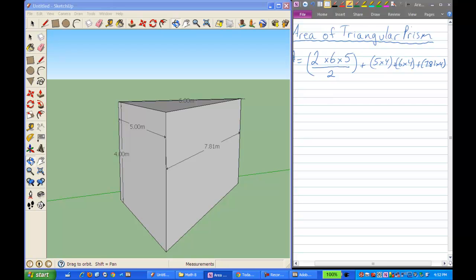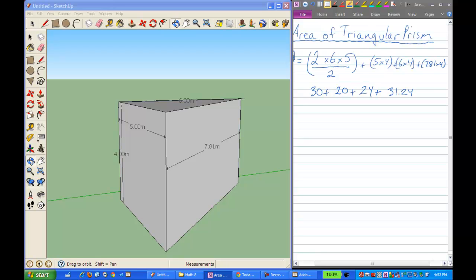So now we can do all our calculating. 2 times 5 is 10, times 6 is 60, divided by 2, so the triangular area is 30, plus 5 times 4 is 20, plus 24, plus 7.81 times 4, which happens to be 31.24.